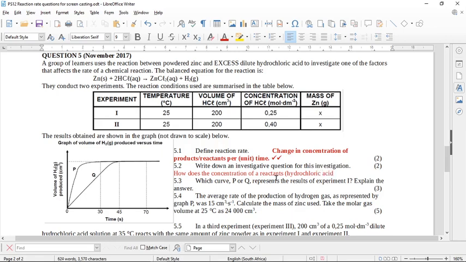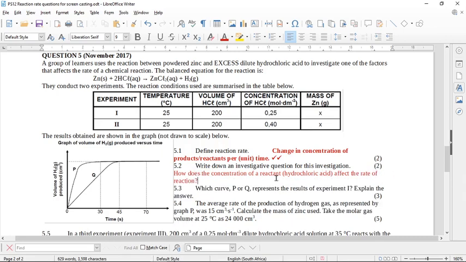How does the concentration of a reactant, hydrochloric acid, affect the rate of reaction? Okay, so how does the concentration of a reactant affect the rate of reaction? If we didn't want to say rate of reaction, we could say how does the concentration of a reactant affect the production of hydrogen gas per unit time? That's a very specific investigative question, but this one should work.